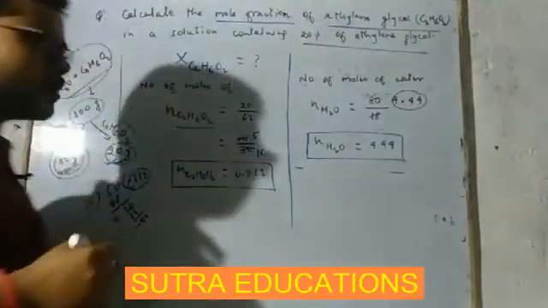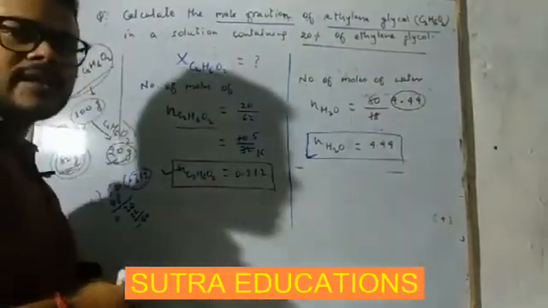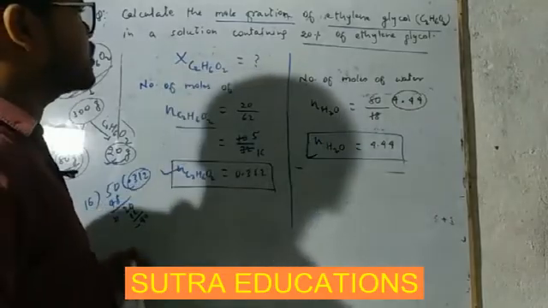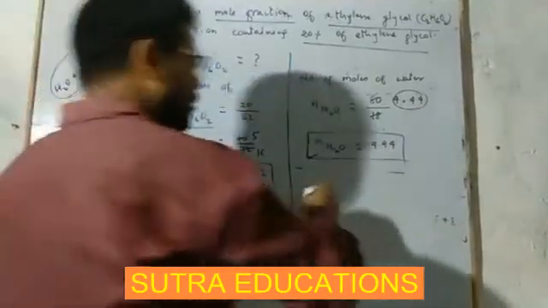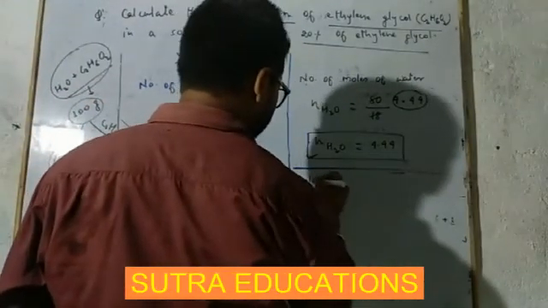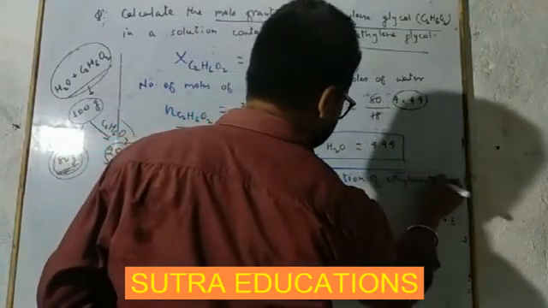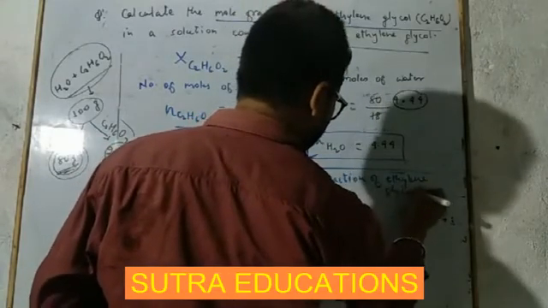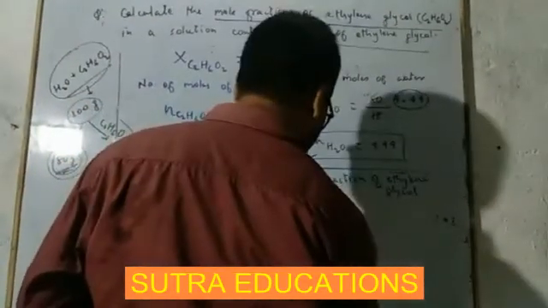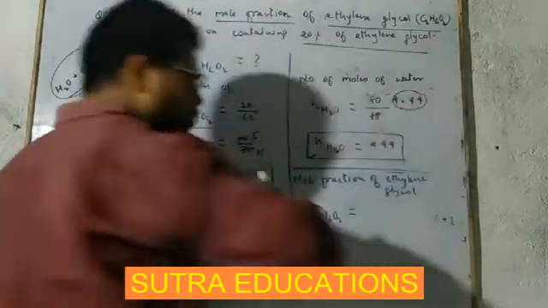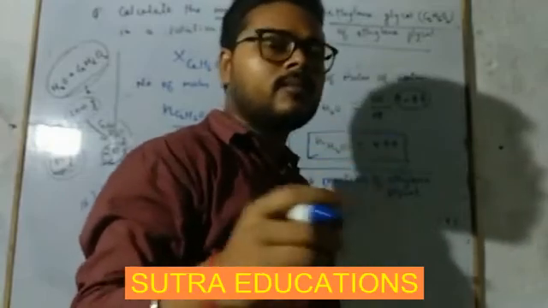Now we have calculated number of mole of ethylene glycol and number of mole of water. Now we can calculate mole fraction. According to the question we have to calculate mole fraction of ethylene glycol. So what will be mole fraction of ethylene glycol? Mole fraction of ethylene glycol will be X C2H6O2, and we know mole fraction is equal to number of mole of the component divided by sum of moles of all the components.